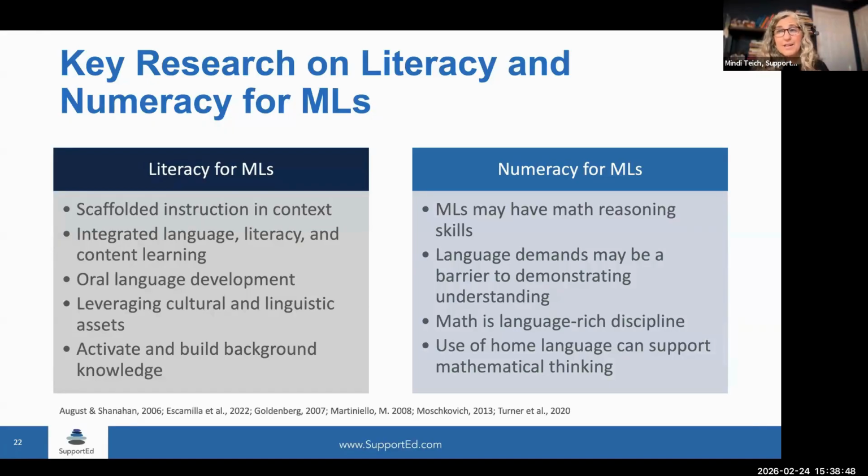We know in math, and a lot of people really picked up on this in the last session, that there is language in math, and the language itself could be the barrier, not necessarily the math skills that students need to be working on. So these are just a couple of reminders around the research that we looked at.